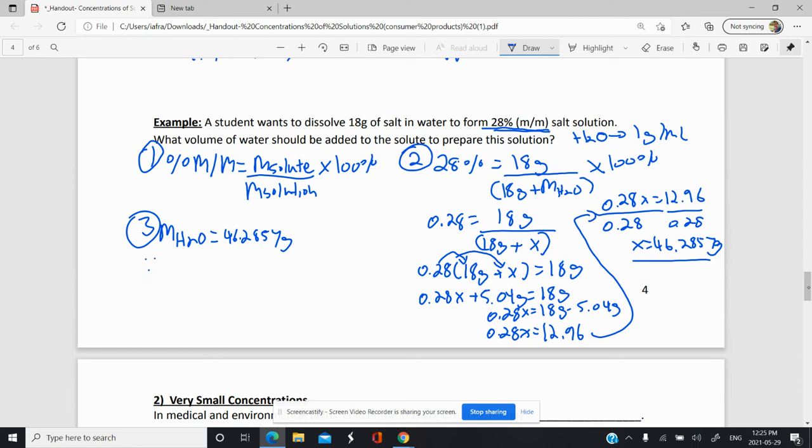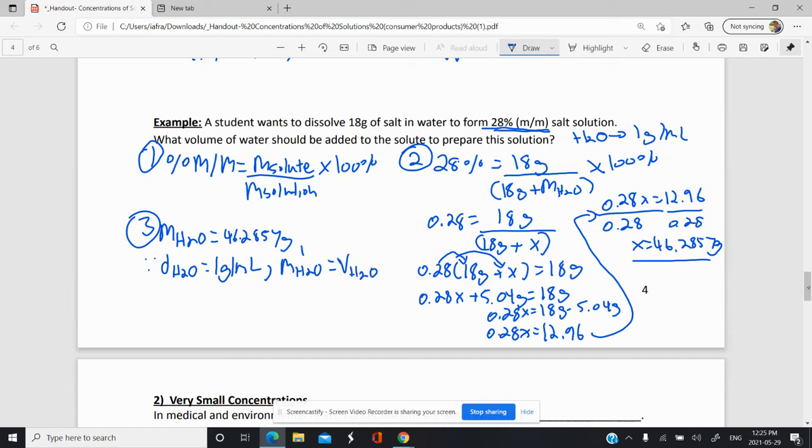Since the density of water is equal to 1 gram per mil, what that means is that the mass of the water is going to be equal to the volume of the water in milliliters. So they're the same. It's 1 gram for every 1 milliliter.